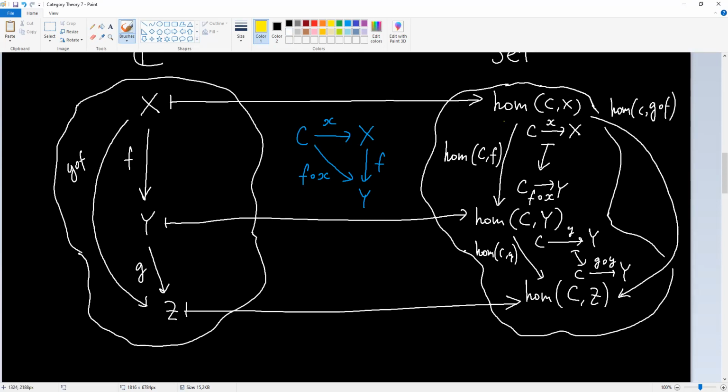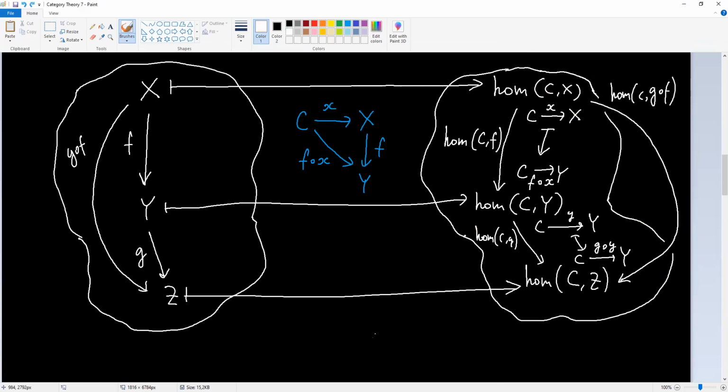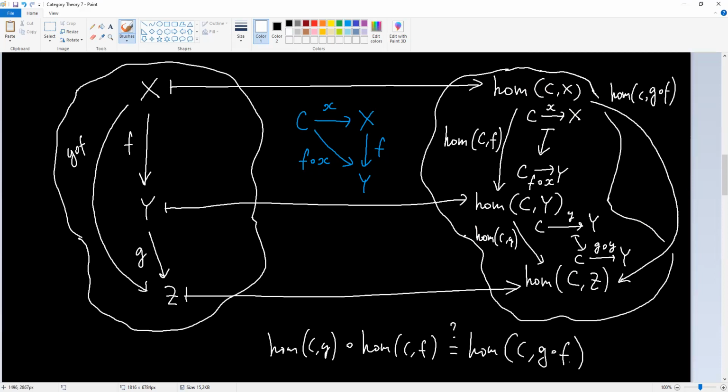But on the right-hand side, I could have also individually composed these functions. And the question is whether that composite equals this or not. That's exactly the equality we had before, right? The question is whether Hom CF composed with Hom CG equals or not Hom C G composed with F. So let's investigate this question.